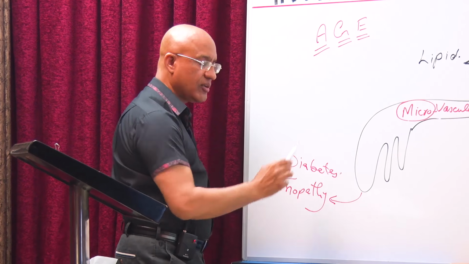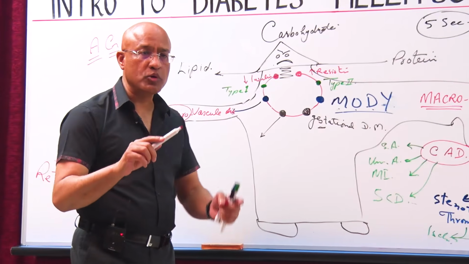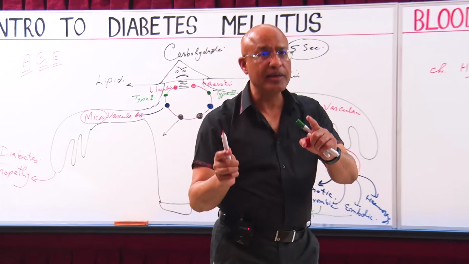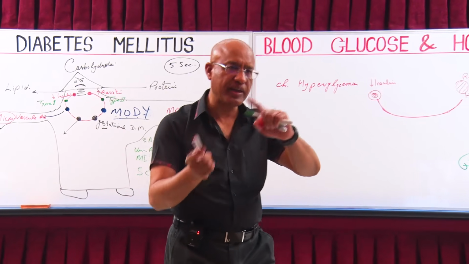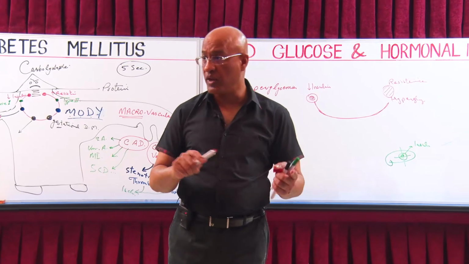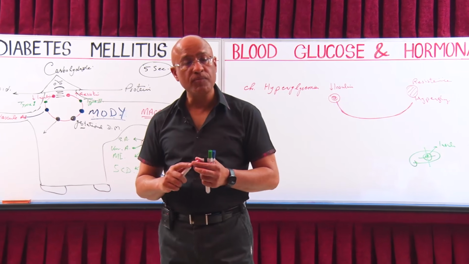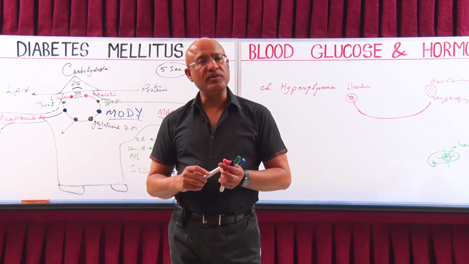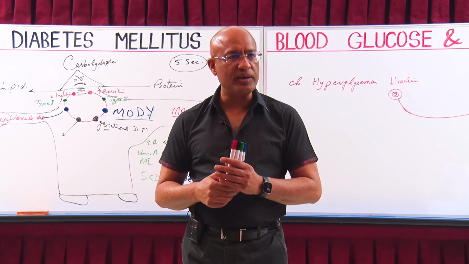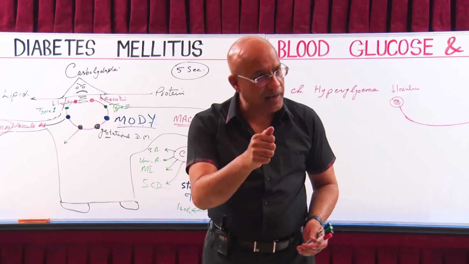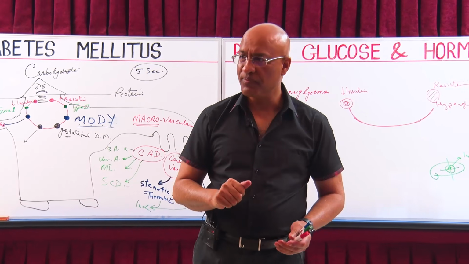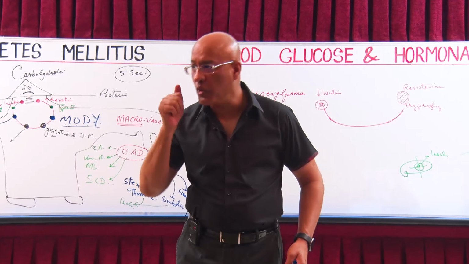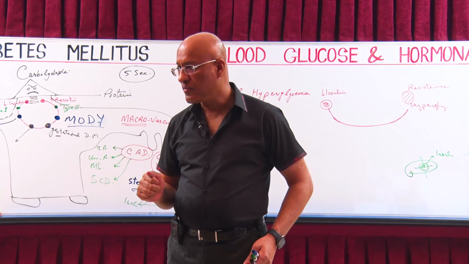Later on in lectures, in the future, I will tell you how to differentiate diabetic retinopathy from hypertensive retinopathy. This is very important as a doctor to know. You know, retinal vessels are the only vessels in the body which you can look at directly in a healthy person. There are no other vessels you can look at directly, right?